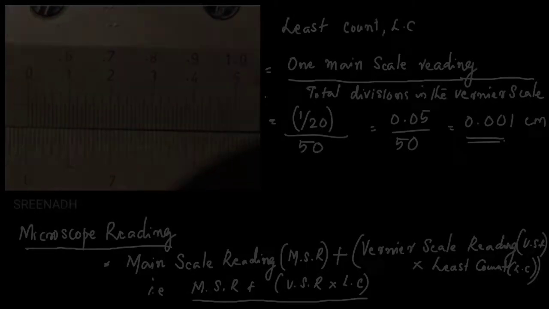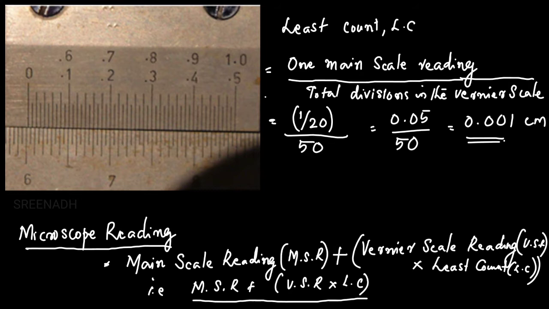Calculations. The traveling microscope has a main scale and a vernier scale. The main scale has 20 divisions per 1 centimeter, and the vernier scale has a total of 50 divisions. So the least count of the microscope is equal to 1 main scale division divided by the total number of divisions in the vernier scale.